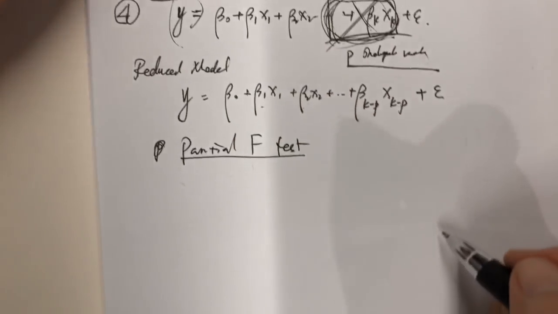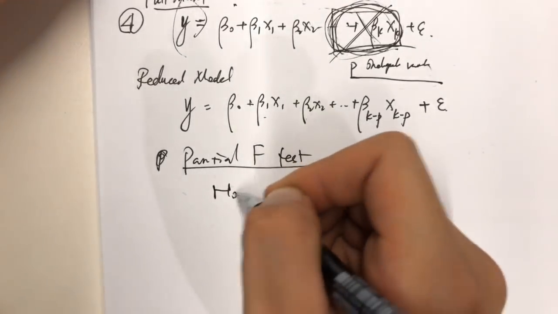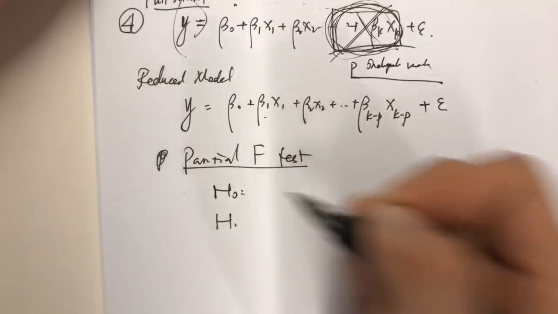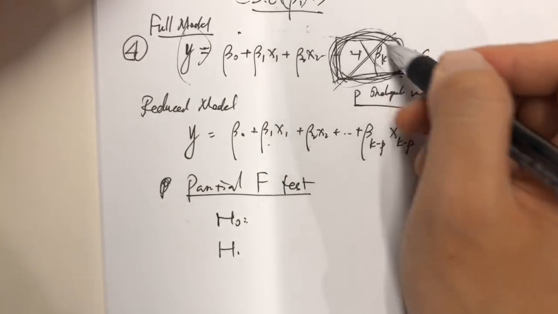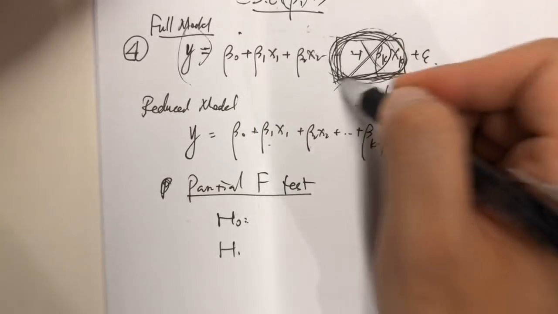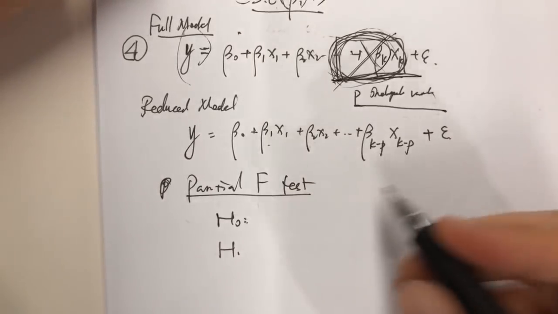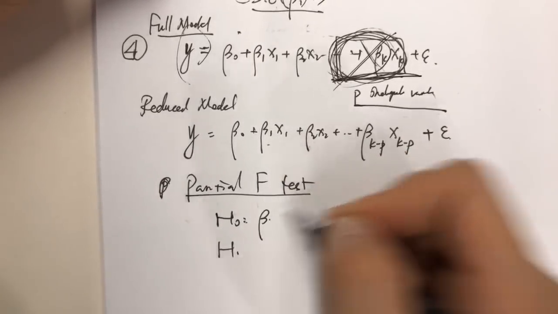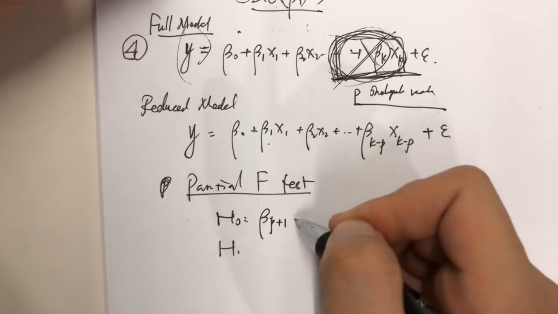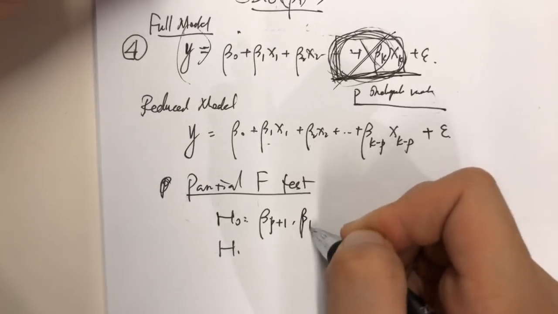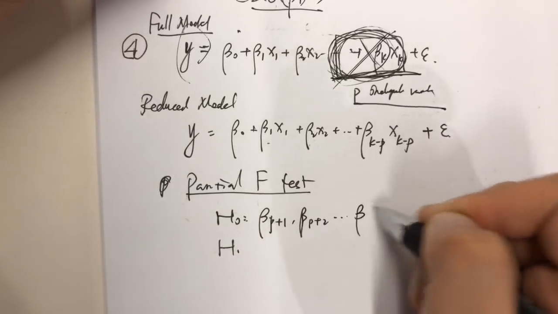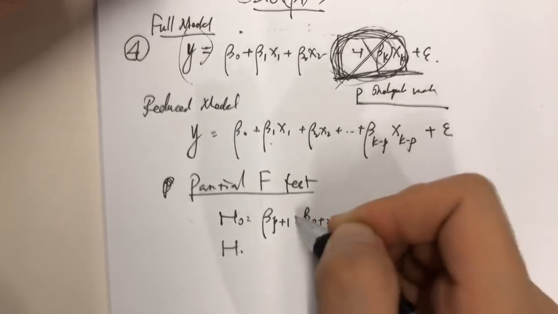This partial F-test has a null hypothesis, which is that the betas of the removed independent variables equal 0, which means beta k minus p plus 1, beta k minus p plus 2, until beta k are equal to 0.